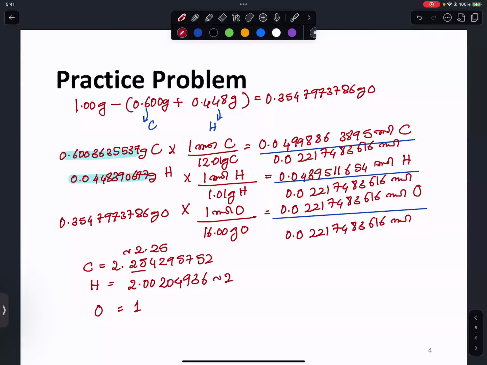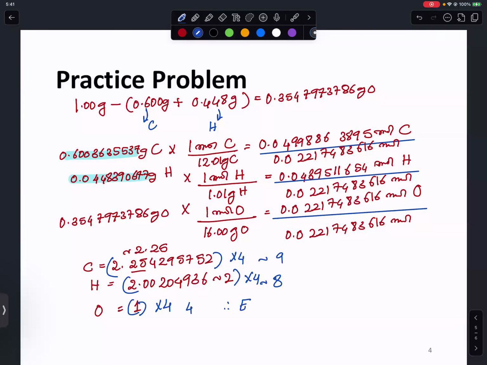Now again, I cannot possibly leave it like that. So to get rid of the 0.25, I'll multiply everything by 4. Okay, and then this should give me a value around 9, and this should give me here 8, a value around 8, and then here is 4.